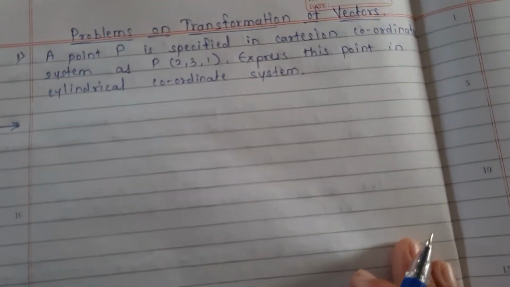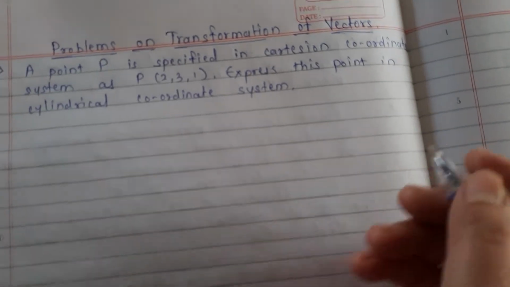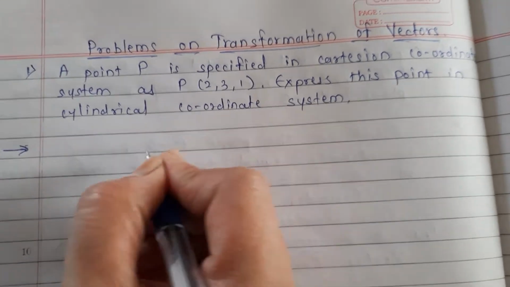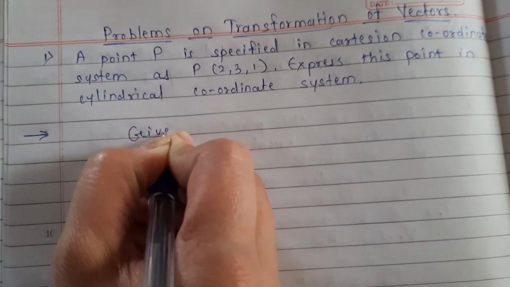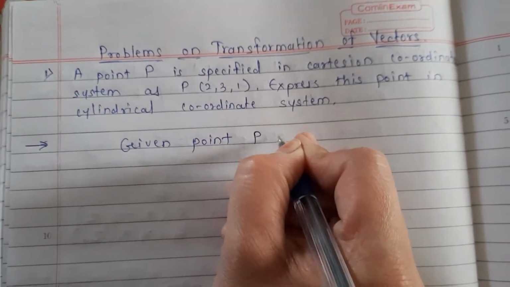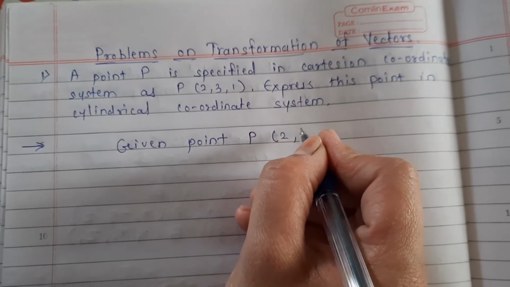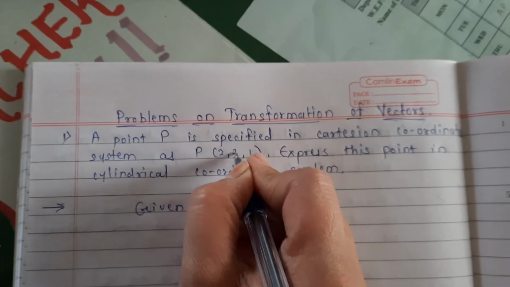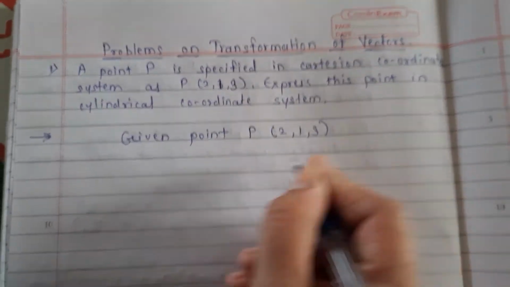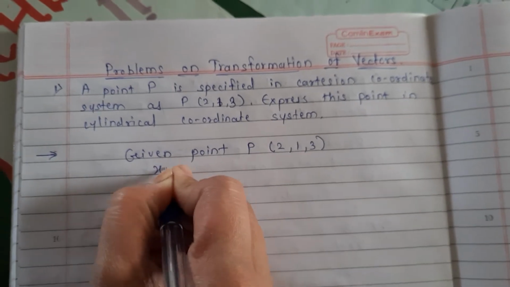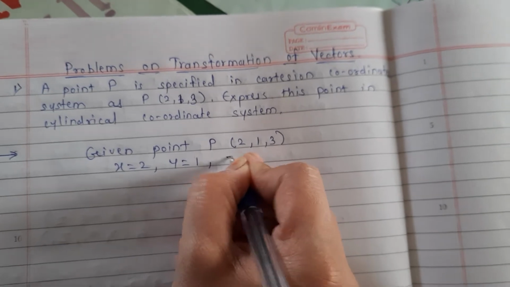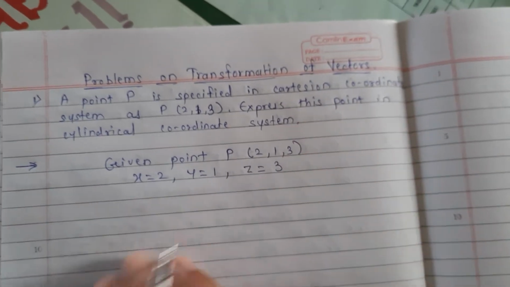The given point is P 2, 1 and 3, that is x is equal to 2, y is equal to 1 and z is equal to 3.